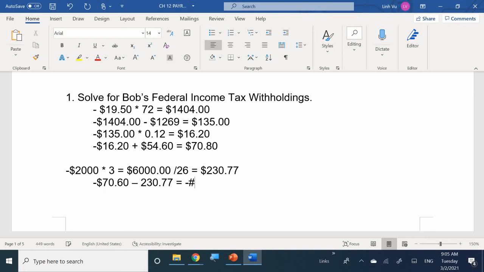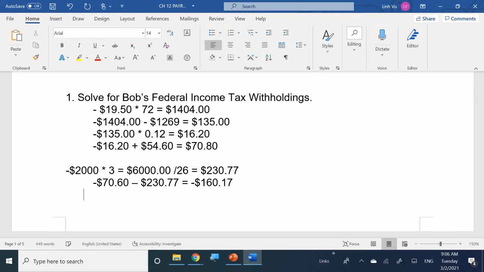Negative how much? Negative $160.17. Okay.